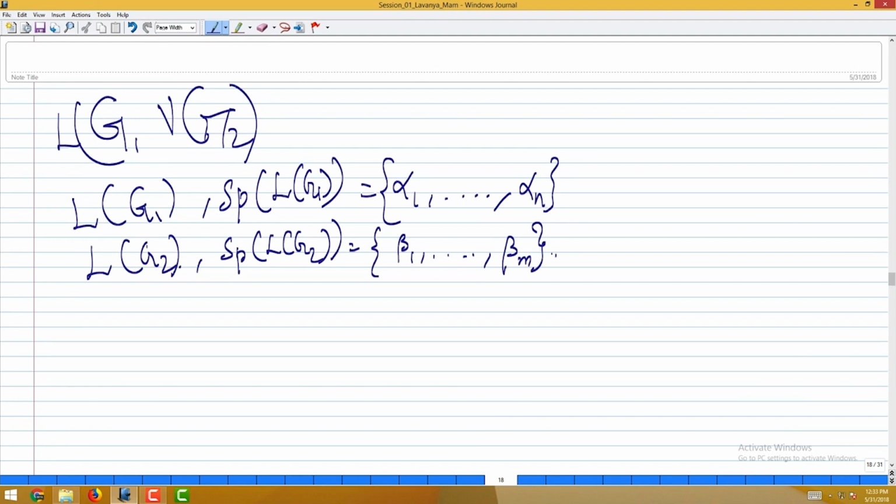So, we take n and m vertices in G1 and G2.